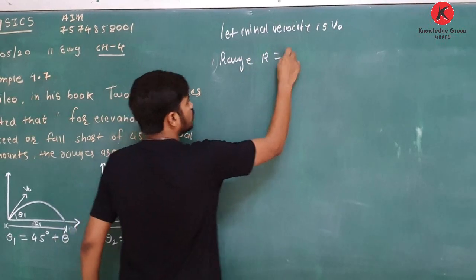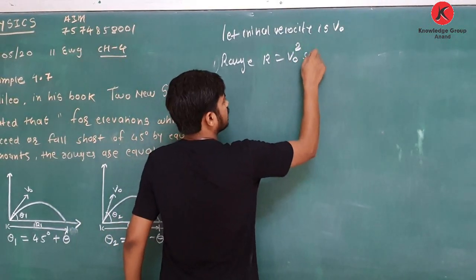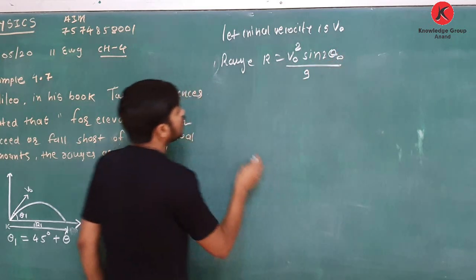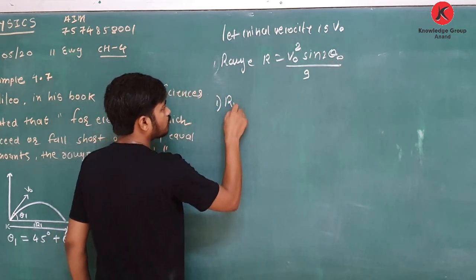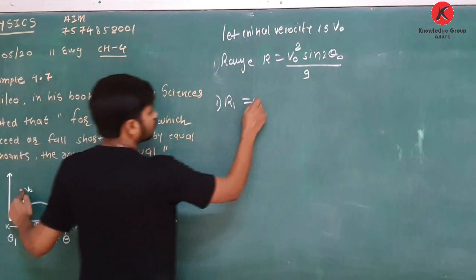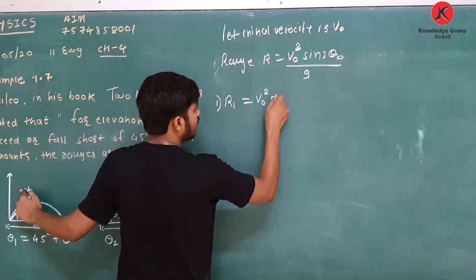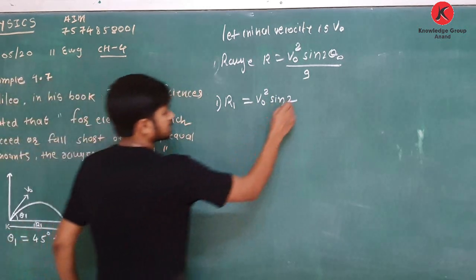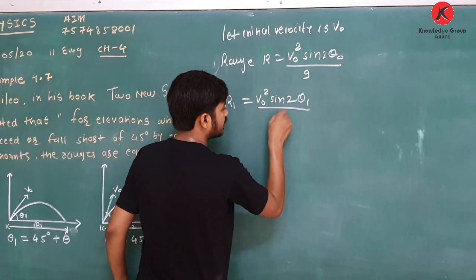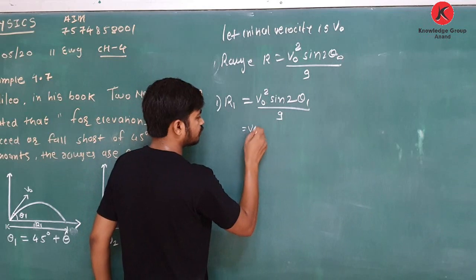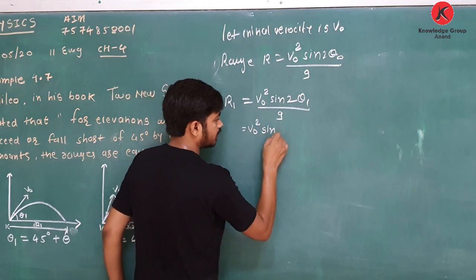R is equal to v0 square sine 2 theta 0 upon g. For case 1, if I want to find R1, what is the initial velocity? v0. So here it is v0 square sine 2, what is the angle here? It is theta 1. So here it is theta 1 divided by g. Clear about this?